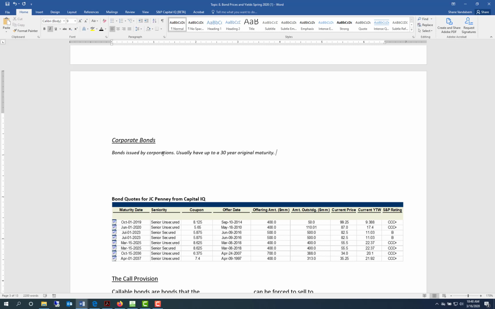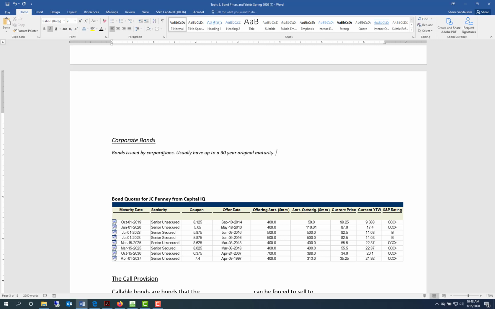They can go longer on this. I've seen longer ones on mortgage-backed bonds. So whenever the bond is being issued to pay for a large building, I've seen these go up to 40 years before. They can certainly go longer than 30, but that's usually the maximum you'll see bonds issued for typically.